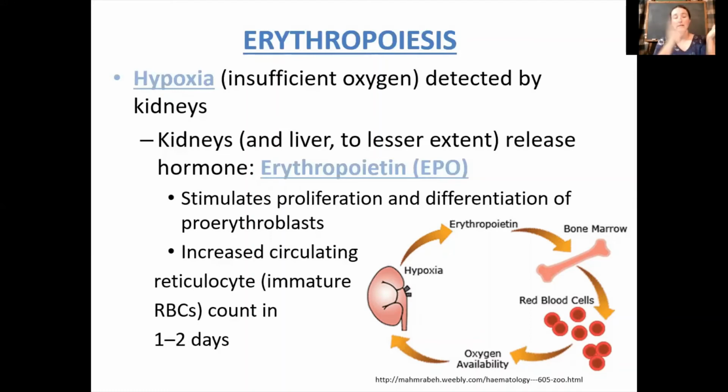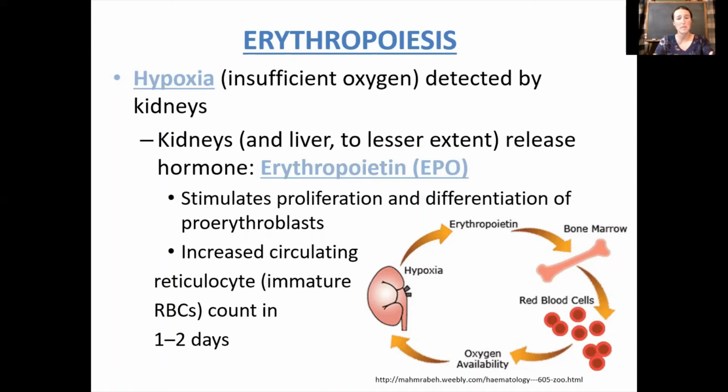And so hypoxia is detected in the kidneys, and to a lesser extent the liver, but primarily this process is controlled by the kidneys. The kidneys, as we'll learn, are a powerful endocrine organ in and of themselves, and when the kidneys filter the blood and detect that there's not quite enough oxygen, they are going to release a hormone called EPO, or erythropoietin.